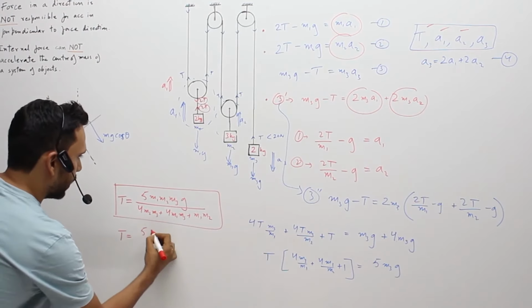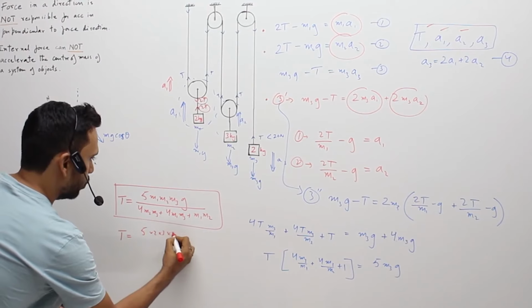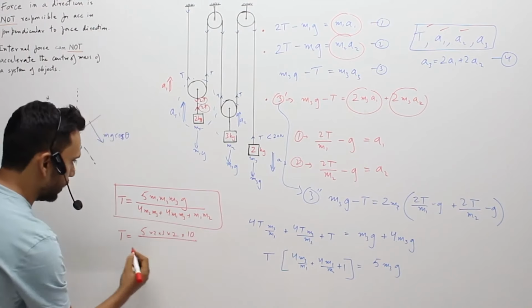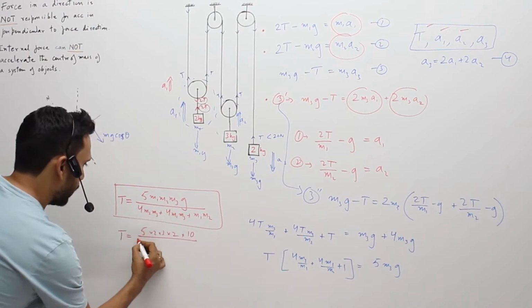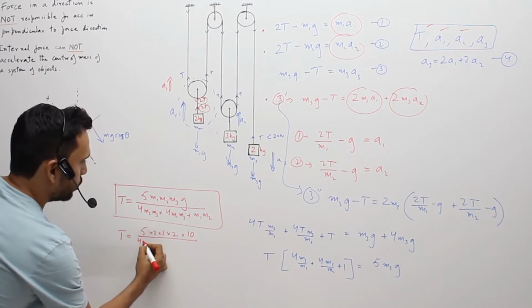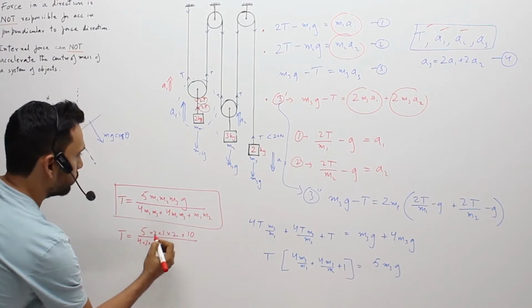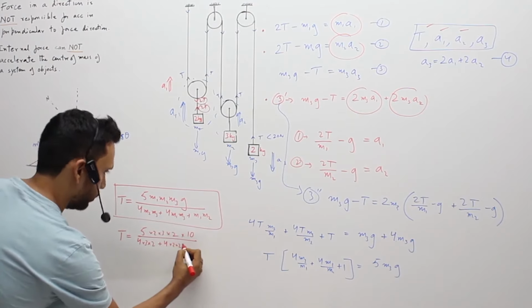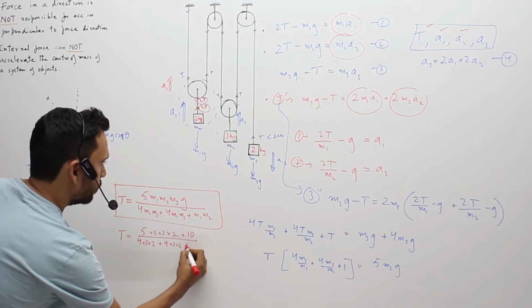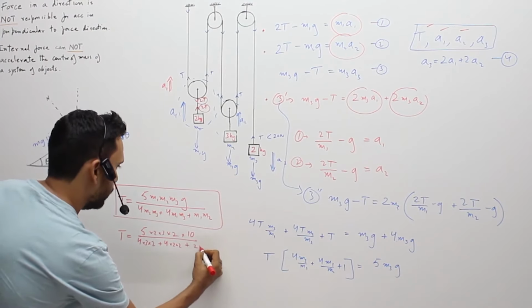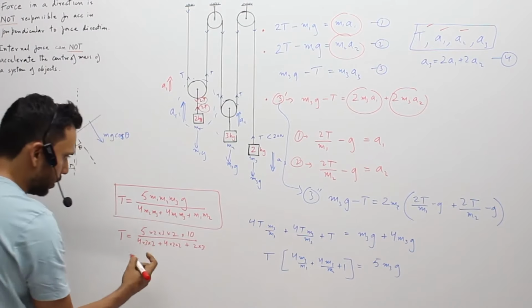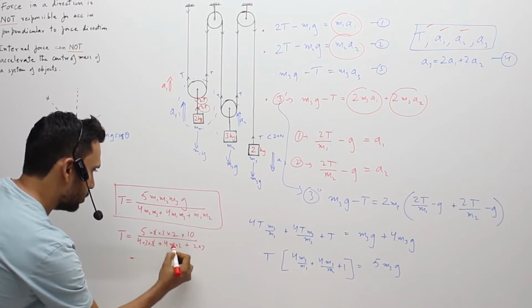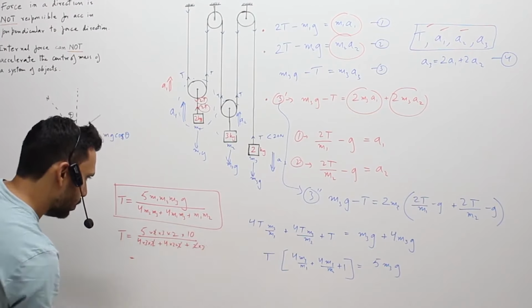T is equal to 5 times 2 into 3 into 2 into, say, g is 10, and at the bottom we have 4 times 2 into 3, plus 4 times m1 m3, which is 2 into 2, plus 2 into 3. So what we get over here is 2 cancels, all over.